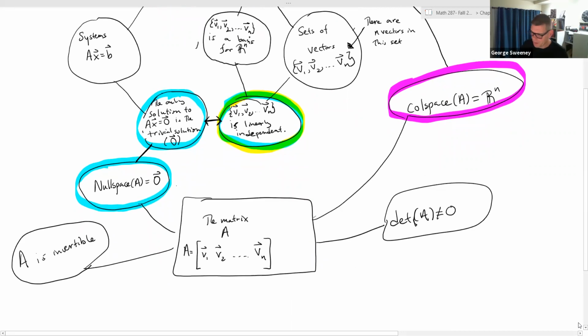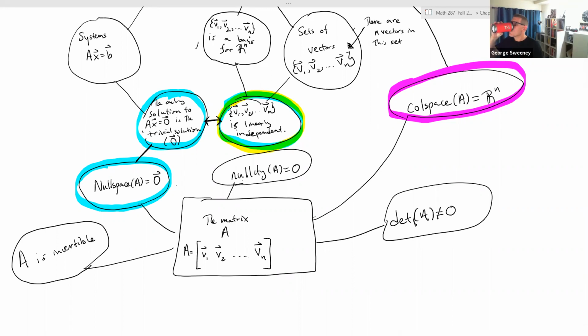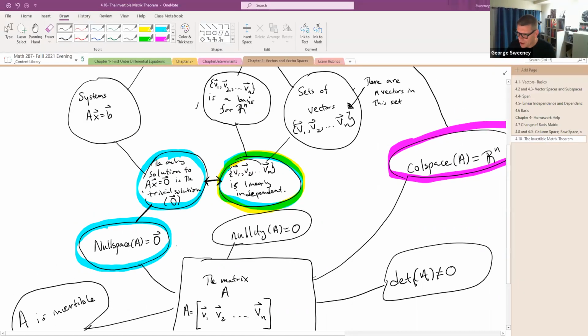Here's another one. The nullity of A equals 0. Do you remember what the nullity is? What's the nullity? The dimension of the null space of A. It's the dimension of the null space of A. So it goes along with that null space.